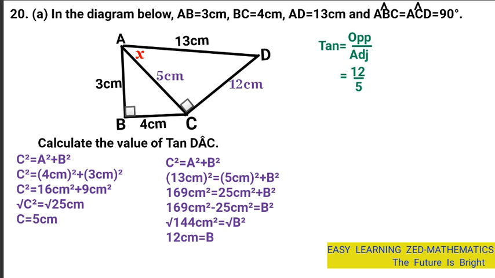So the answer can be 12 over 5, or it can also be 2 2 over 5, and it can also be 2.4.